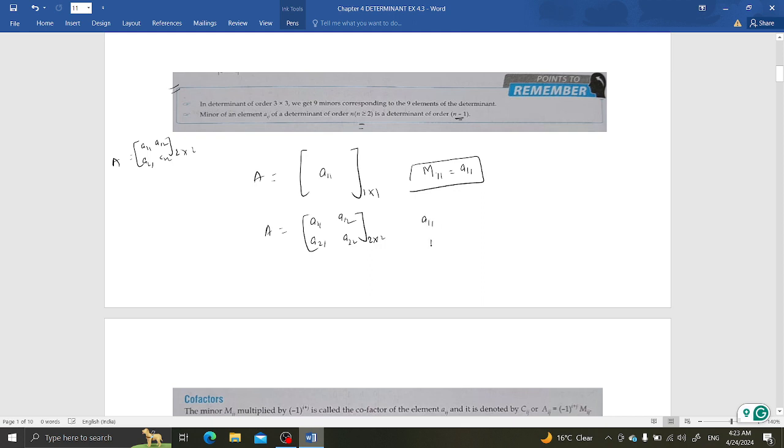The minor is denoted by m11, and how can we find it? Remove the first row and first column, so we are left with the a22 element. This is our minor, and the size of this minor is 1 cross 1. Understand or not?